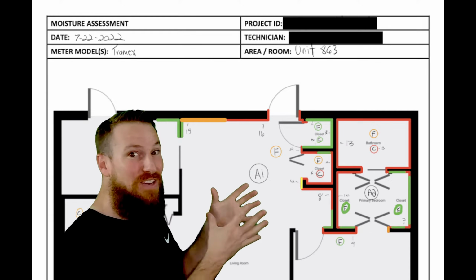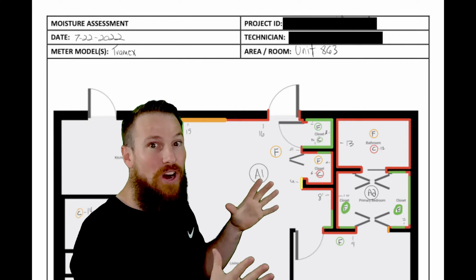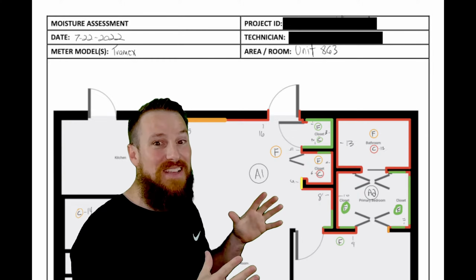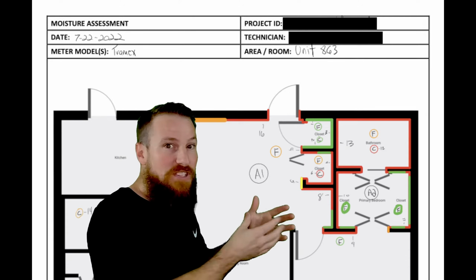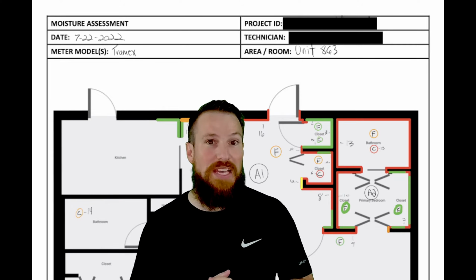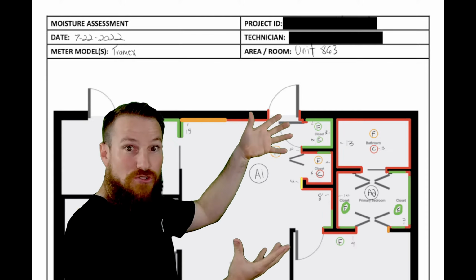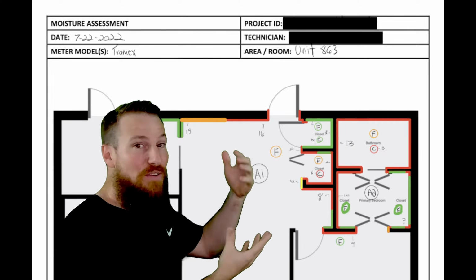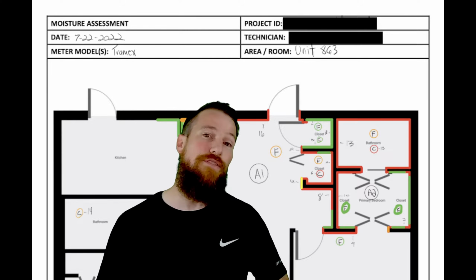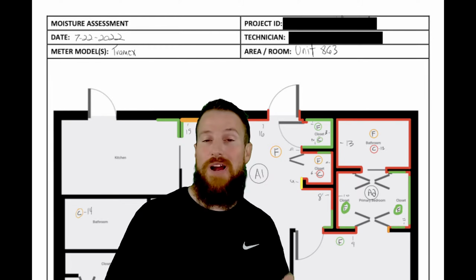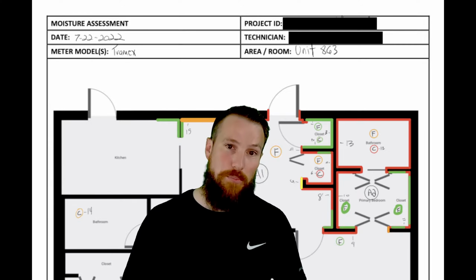I can't think of an easier way to tell everyone what is going on and what the project status is than by giving them this beautiful floor plan, which is representative of the property you're working in, and saying, hey, here are our wettest areas, the red areas. Here are our driest areas, the green areas. Everything in between is getting closer and closer to what we refer to as the dry standard. We set drying goals at the beginning of the project.